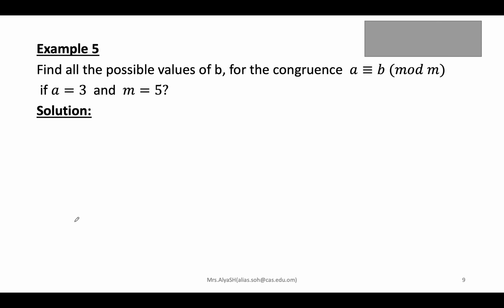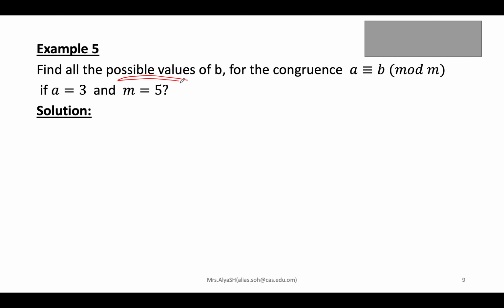Now here we need to find the possible values of B for the congruence A congruent to B mod M, if A equals 3 and M equals 5. You just need to concentrate here that we can find possible values, not one value.